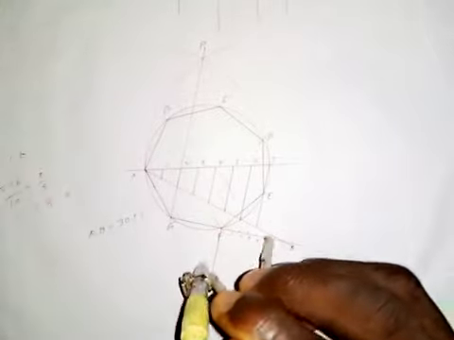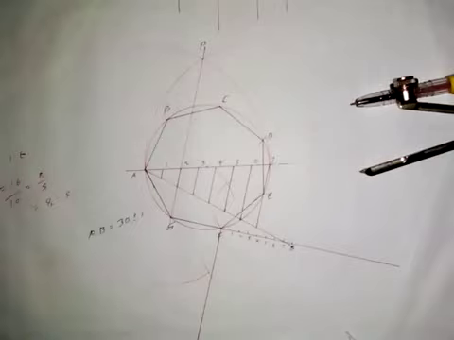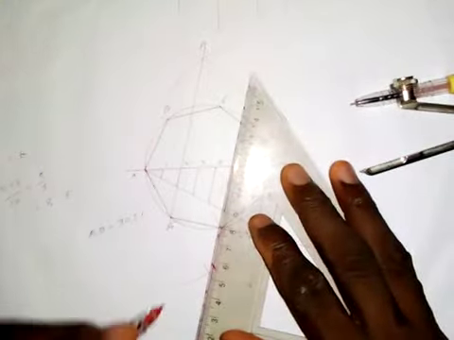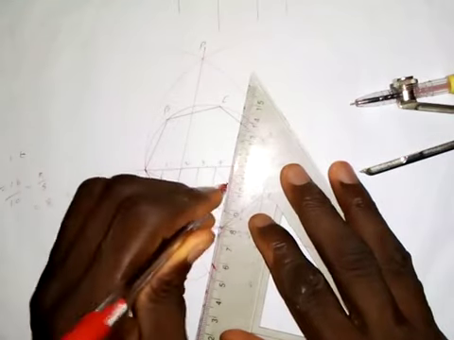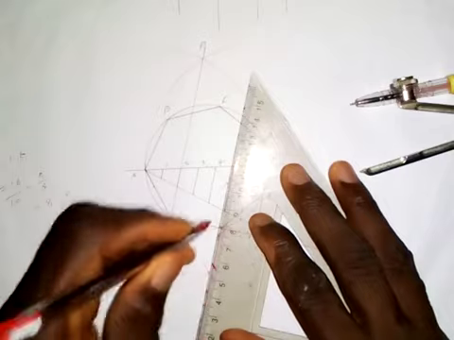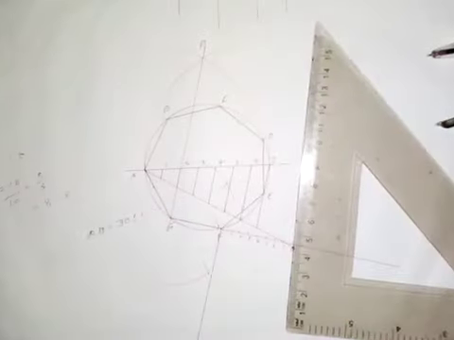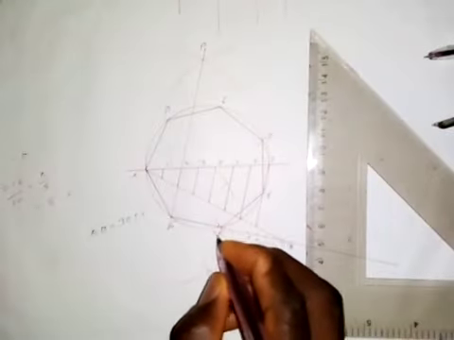So I'll locate the midpoint. I'm not going to draw the line, so the lines will not be too many. I just use the intersection to get the point. So this is the midpoint of G5. So I will call it X.